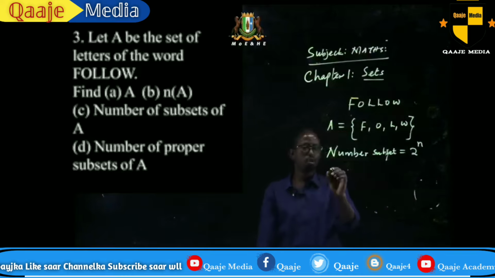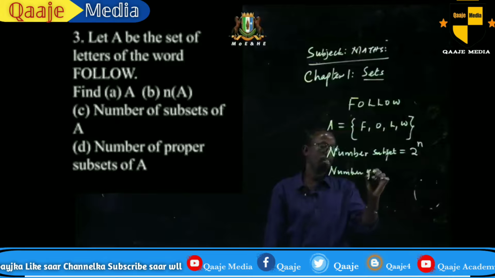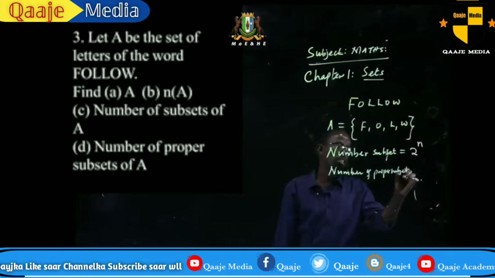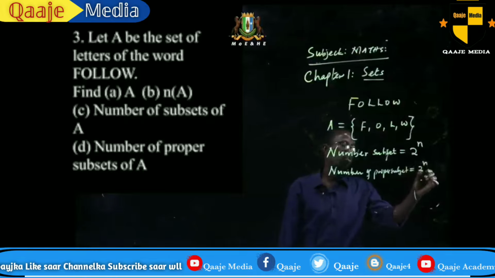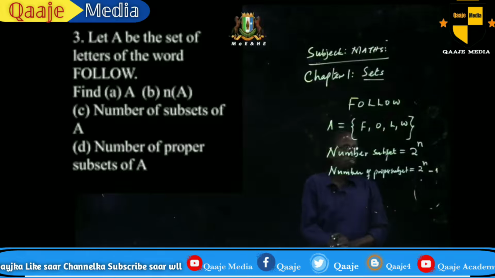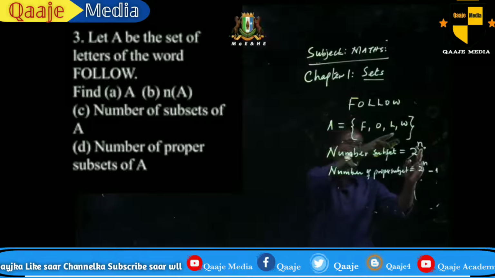And the number of proper subsets will be 2 power n minus 1. The first one will be 2 power n, where n now is 4 elements.